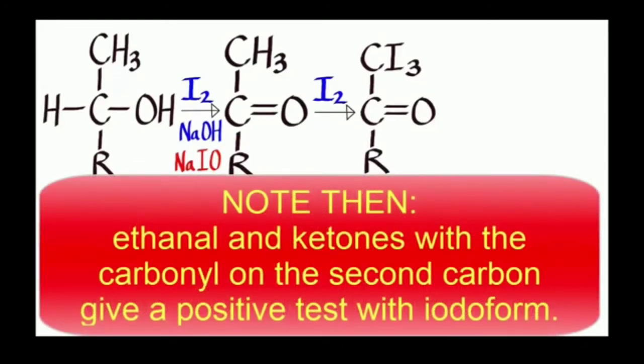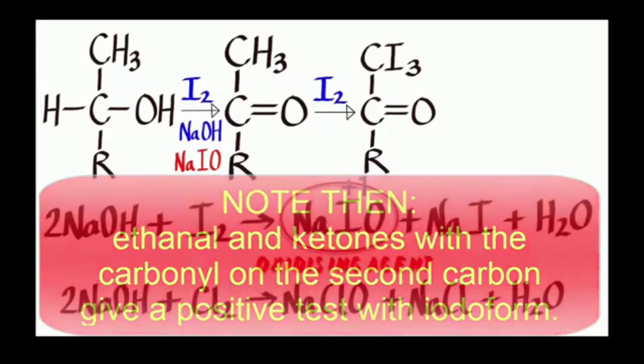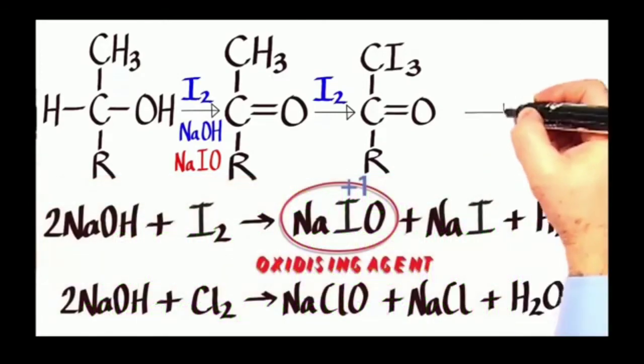In the next step, the iodine then reacts with the methyl group. Hence, as I said, the requirement for the methyl group, forming CI3. So the H's have been replaced by iodines.